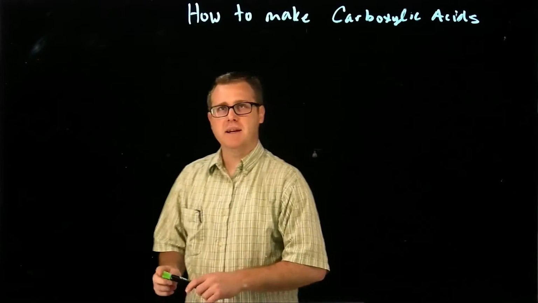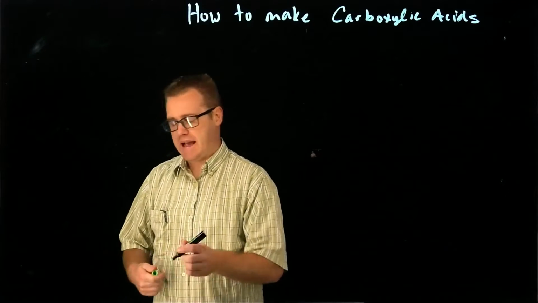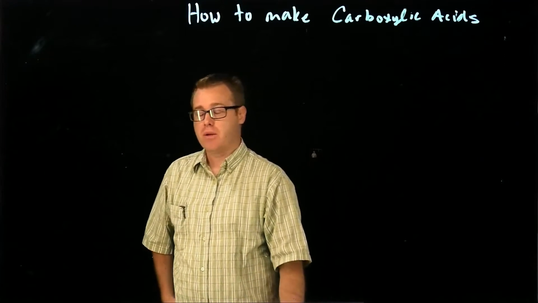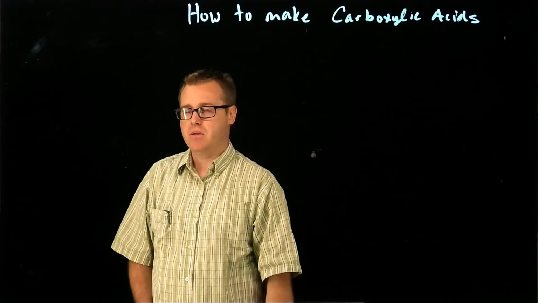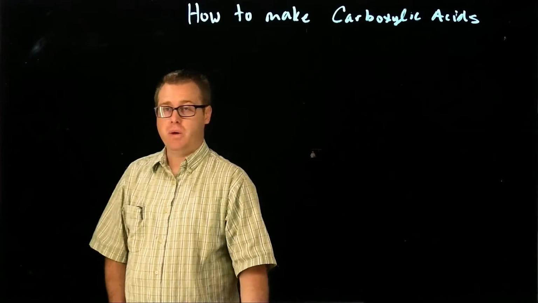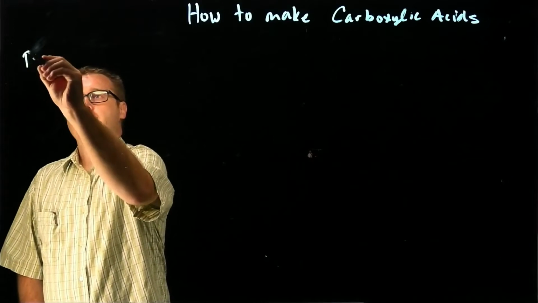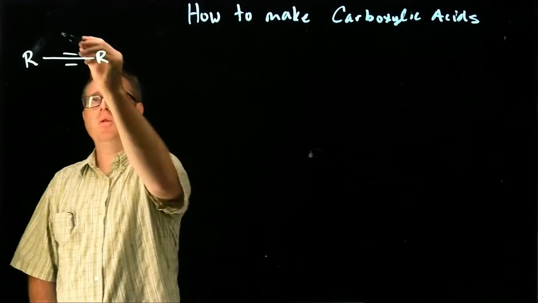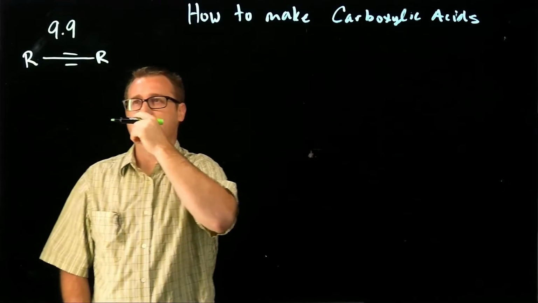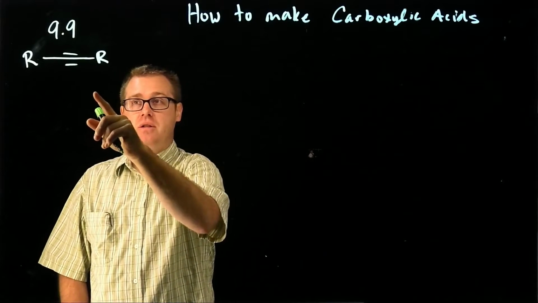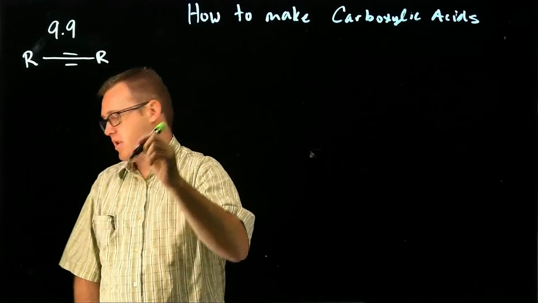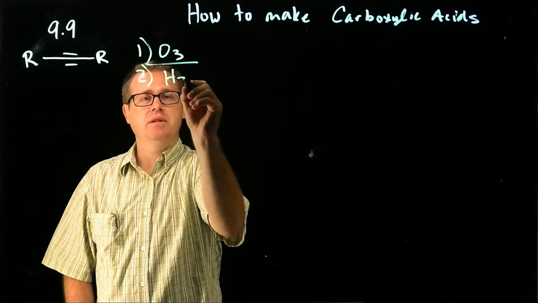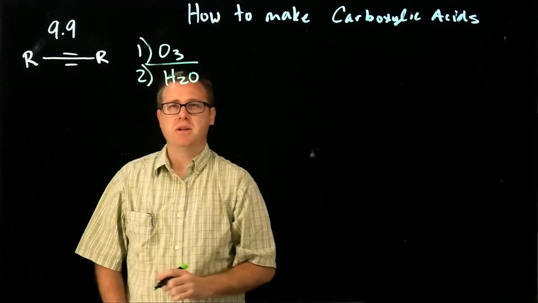Now let's remind ourselves, how do we make carboxylic acids? So we're going to review what we've learned already, and then we're going to talk about new ways to do it that you haven't seen before. So do you recall from chapter 9.9, if you take an internal alkyne and you treat it with ozone, and then you work it up with some water, remember what you get?